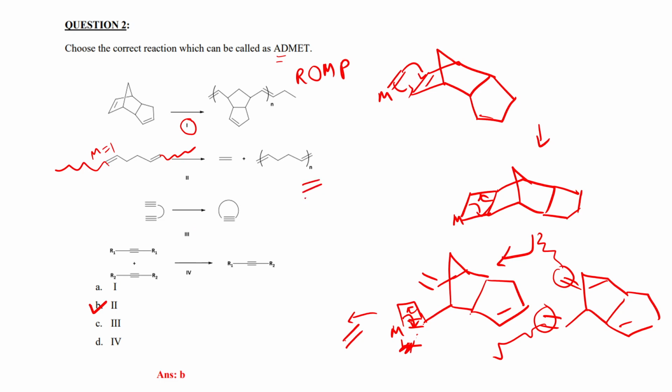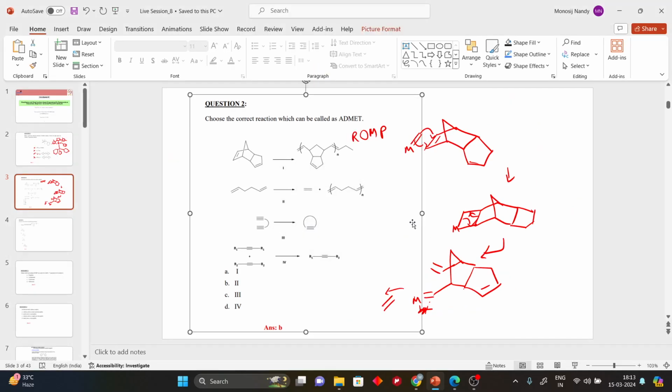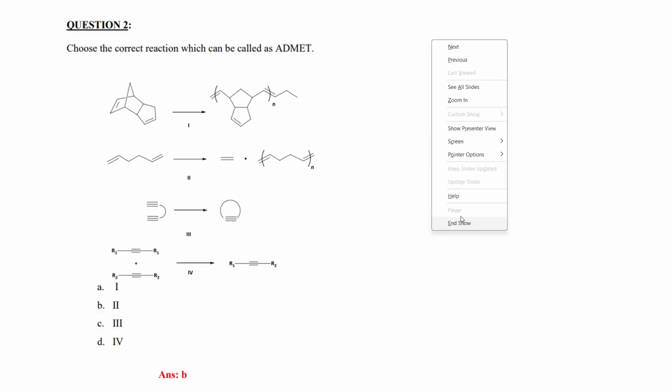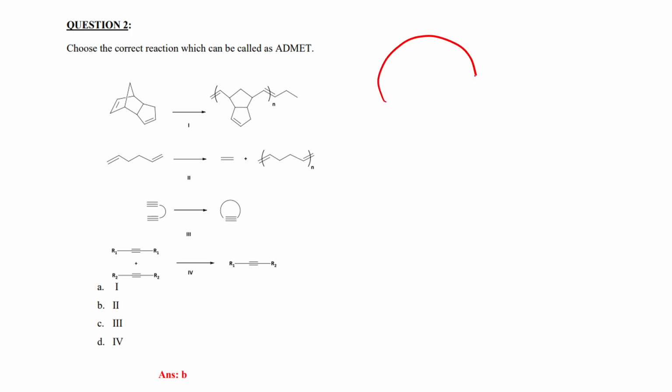For this kind of case, alkynes can also react with this kind of metal carbene and do metathesis reaction. So for alkynes, they behave quite similarly to alkenes.